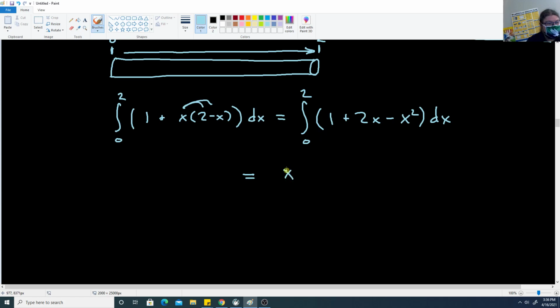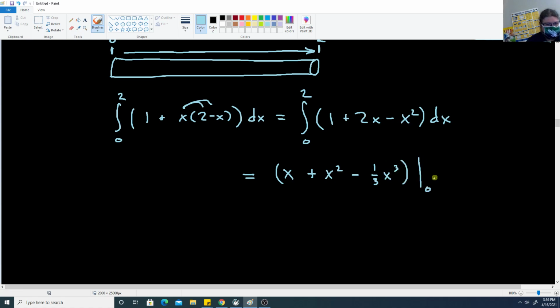Integral of 1 becomes x. Integral of 2x integrates into 1 half x squared, and 2 times a half is 1. So we get x plus x squared. And negative x squared will integrate into negative 1/3 x cubed.